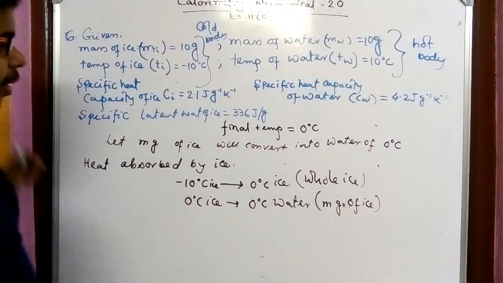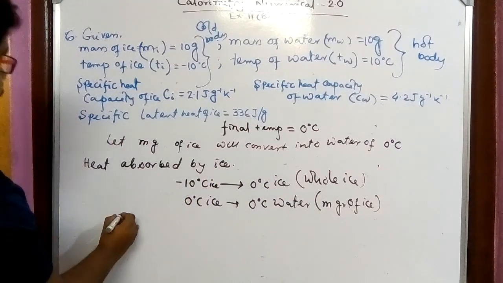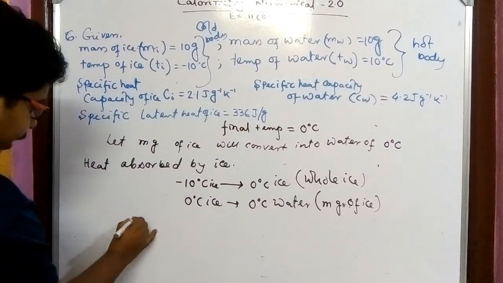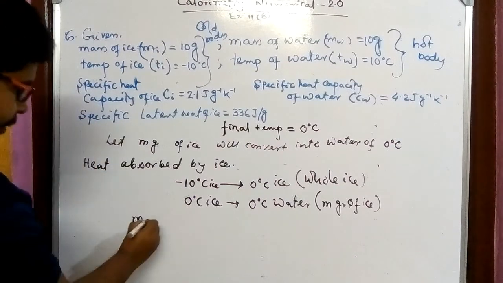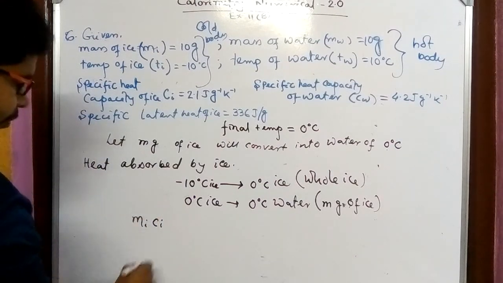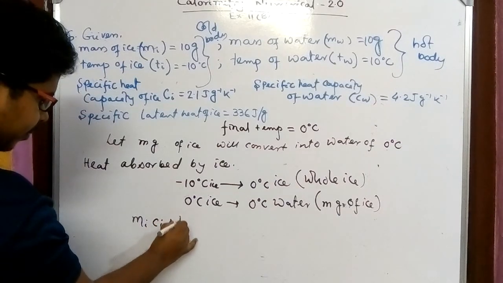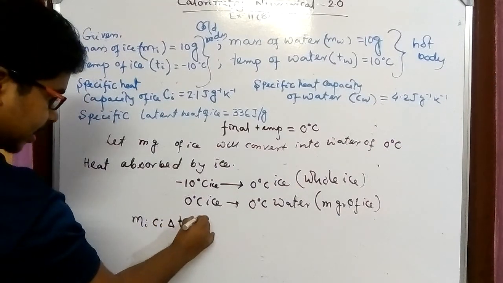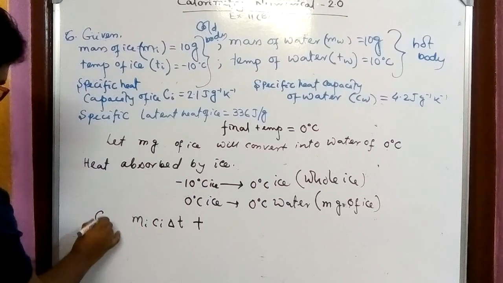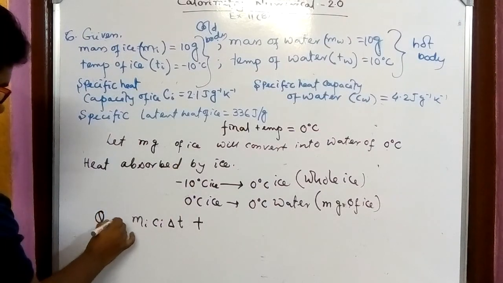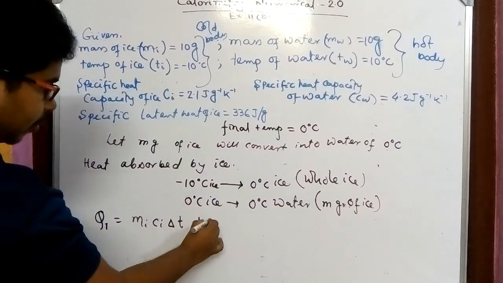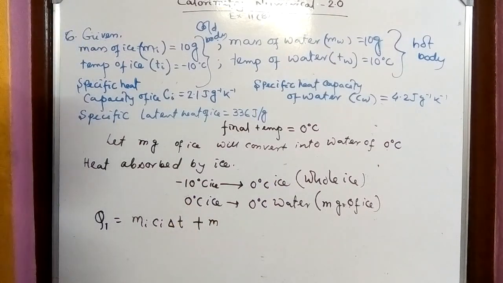So for minus 10 degree centigrade to 0 degree centigrade, we have to mention mass of ice m_i, C_i into delta T, plus, okay, so that is the heat absorbed by ice, that is Q1, plus m gram of ice which is converted into water.